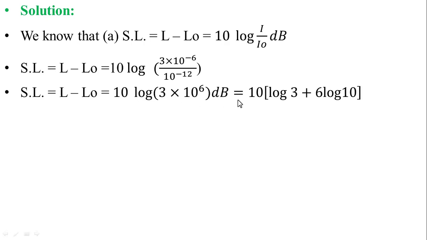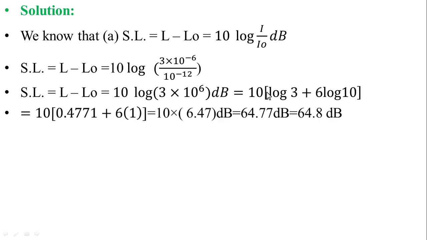Now we have 10 log 3 plus 6 log 10. Now we know that log 3 is equal to 0.4771. Then sound intensity level is equal to 10 into 0.4771 plus 6 into log 10, and log 10 is equal to 1.